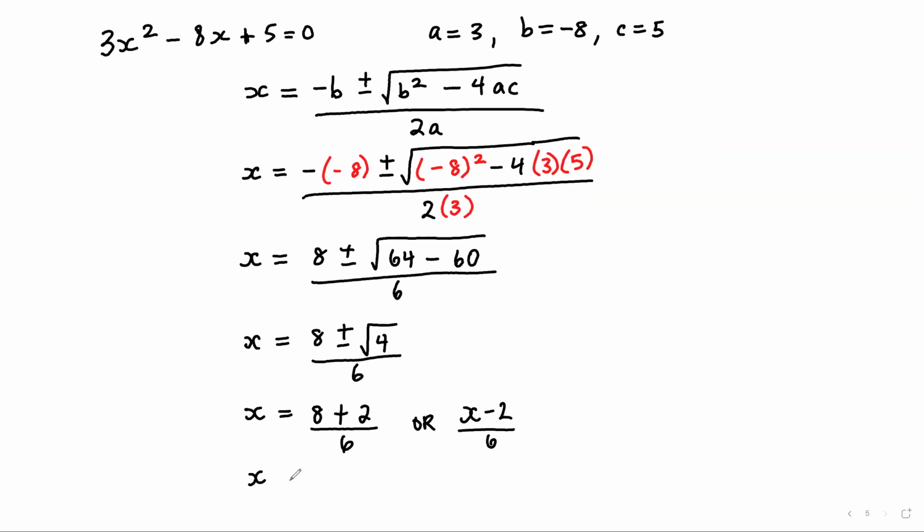So 8 plus 2 is 10 over 6, and 8 minus 2 is 6 over 6. So 10 over 6 is 5 over 3, or 6 over 6 is 1. So your solutions are x is equal to 5 over 3 or 1.